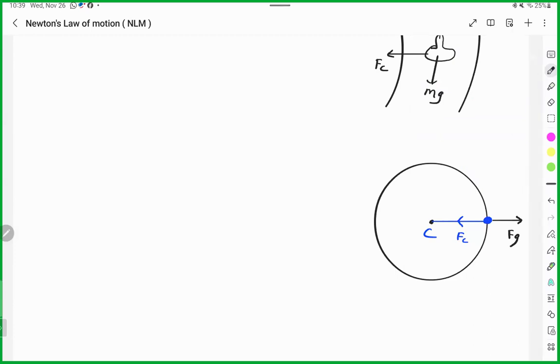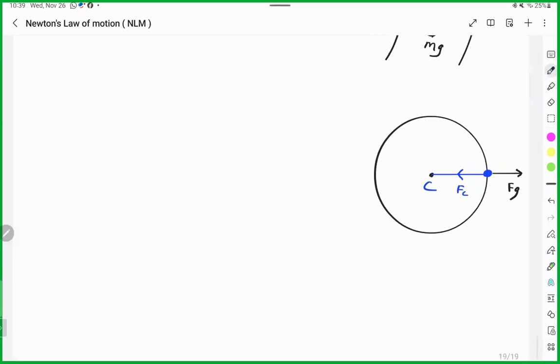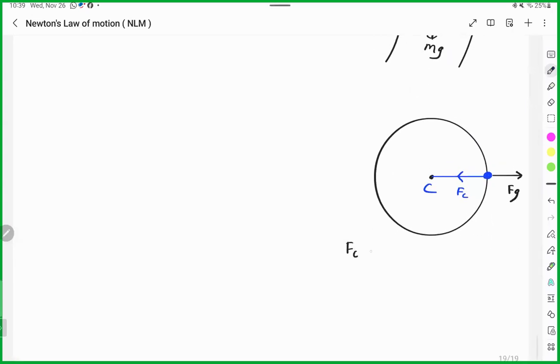If both forces are exactly the same, it will keep on rotating in circular motion. If centripetal force is equal to centrifugal force, there is continuous rotational motion.